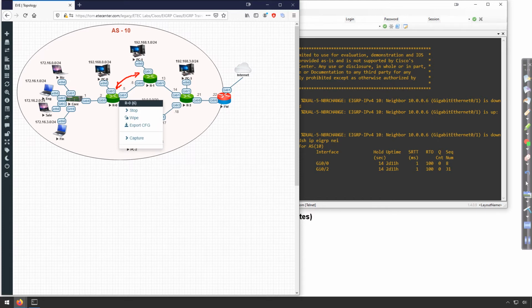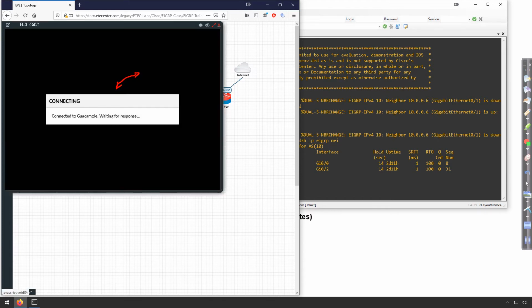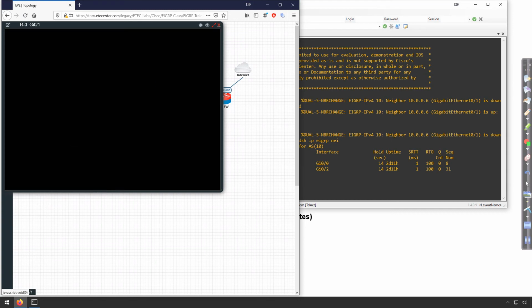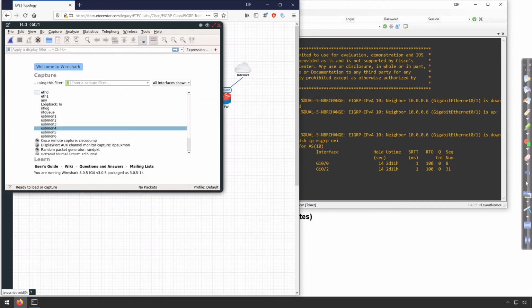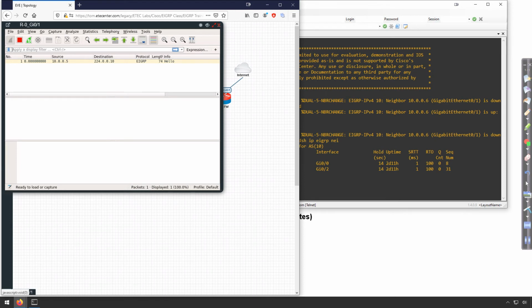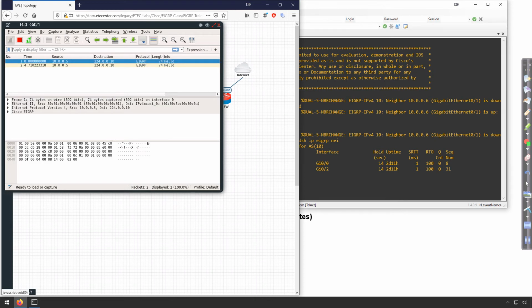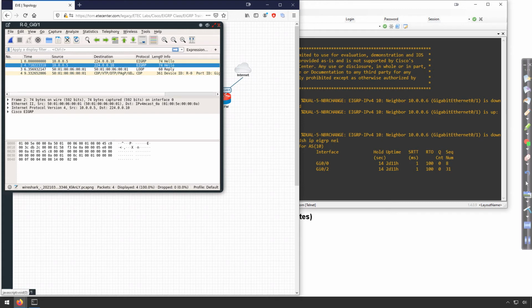So let's capture on gigabit 0/1 and examine what is being sent out. And we see hello. Let's stop the capture here, and you can see the hellos are sent out every 5 seconds.